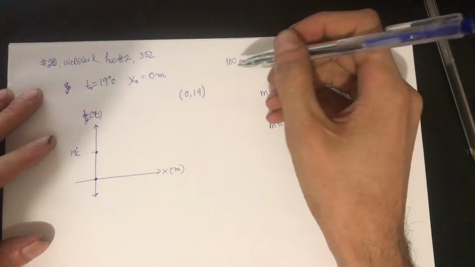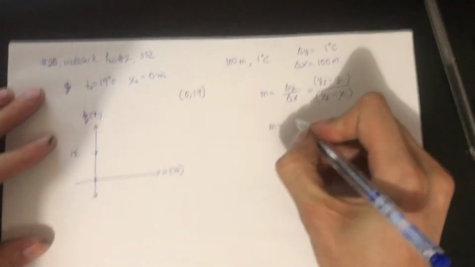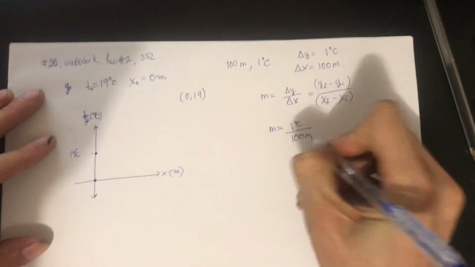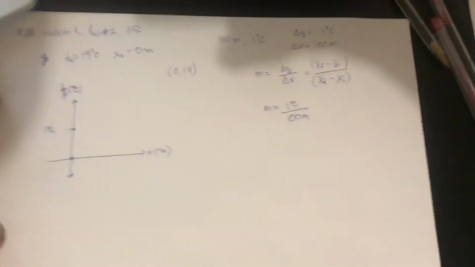And then it states that I'm going to change at a steady rate of 1 degree Celsius for every 100 meters I move on my graph, right? That makes it work.